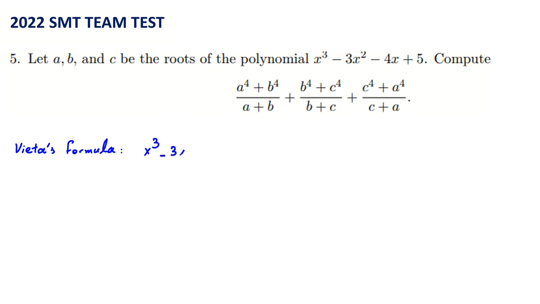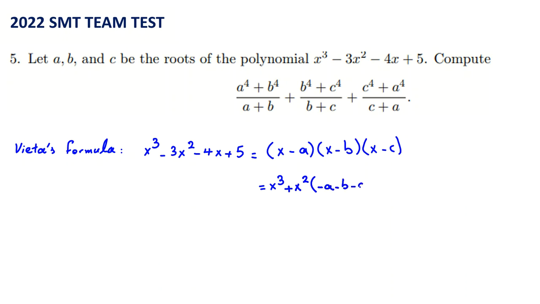So x cubed minus 3x squared minus 4x plus 5 is equal to (x minus a)(x minus b)(x minus c). If we multiply it, the coefficient of x squared will be negative a, negative b, negative c. The coefficient of x will be ab plus ac plus bc. And the constant term will be negative abc.